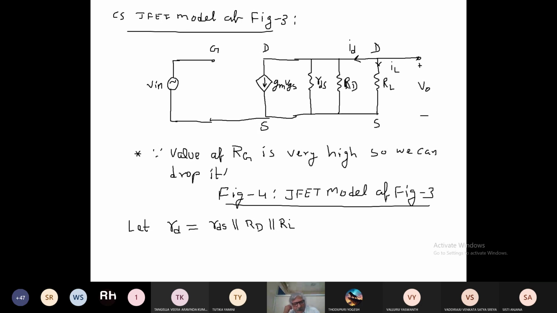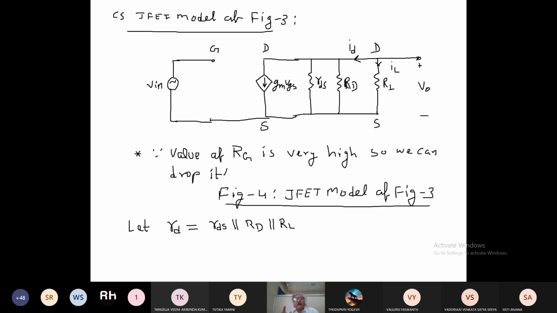Now here this RDS is the internal or on resistance of the transistor, and its value is very high compared to RD and RL. I'm talking about the practical case.